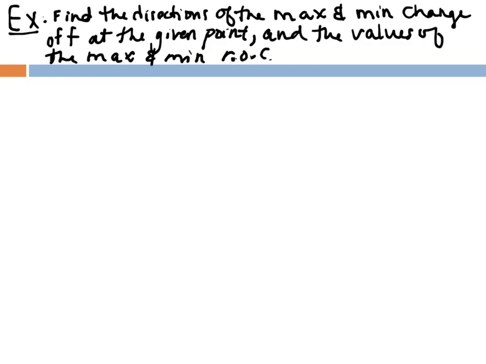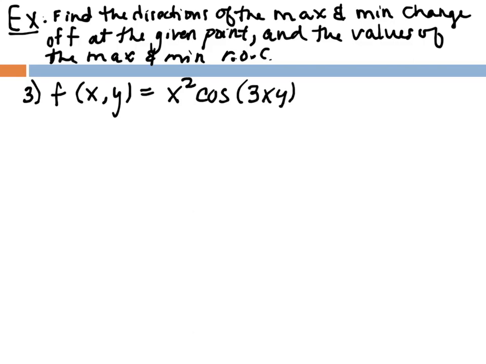So basically, we're going to find everything that part 1 and part 2 of that last theorem says that we're able to find. We're going to do it for the function f of x y is x squared cosine 3 x y. And we're going to work at the point 2, 0.